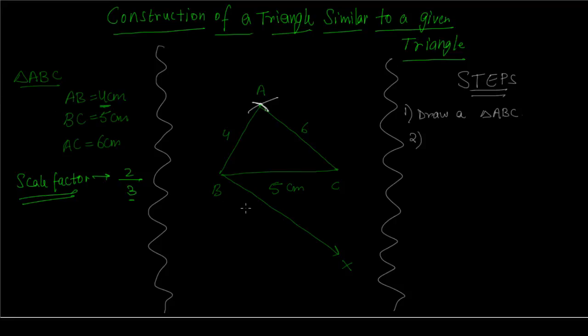So we take B as center and cut 3 arcs. One arc is here. This will be my B1, and then with the same distance and B1 as center, cut here. This will be B2, and then with B1B2 as distance and B2 as center, cut the third arc, which is B3.